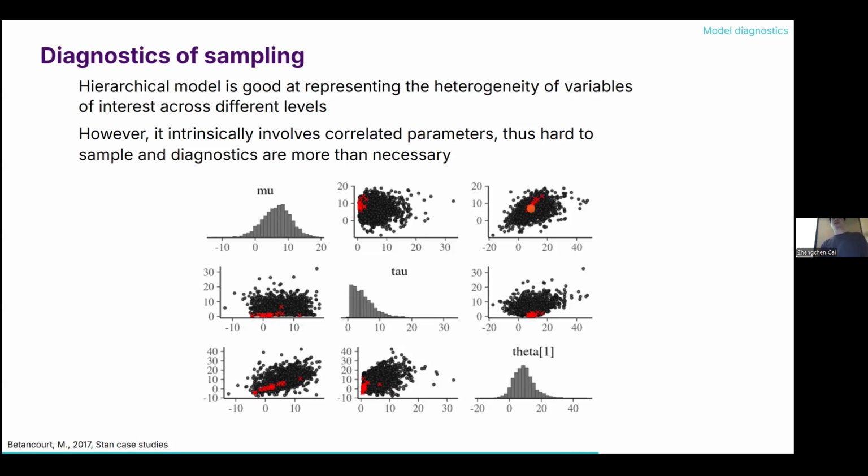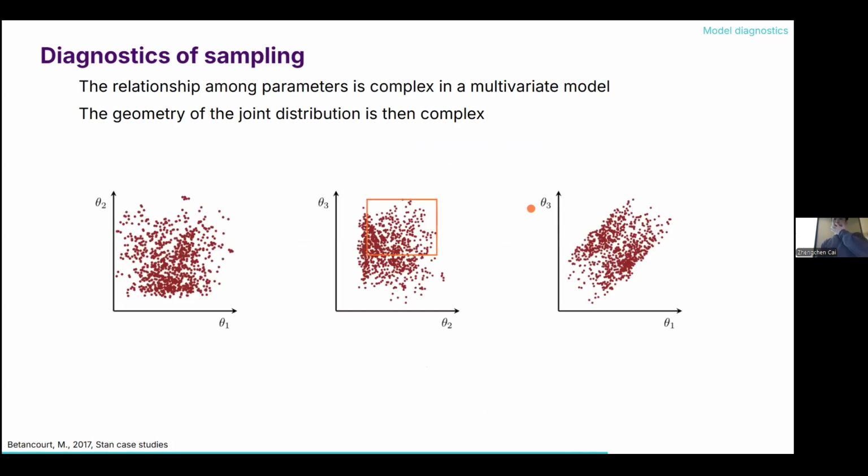It's also an indication of the complexity of your model, okay? And if we go back to this issue, except for hierarchical models, sometimes you have multiple variables.